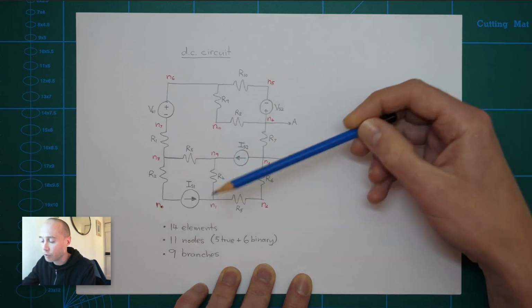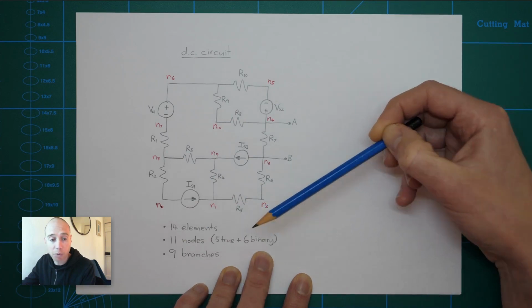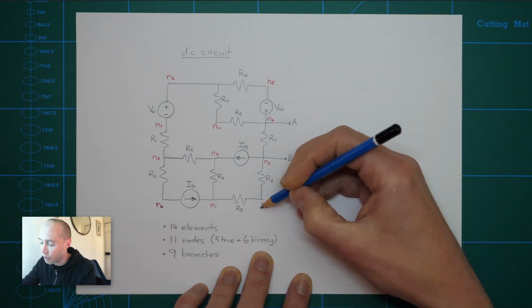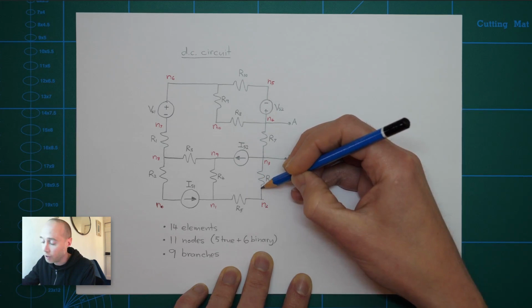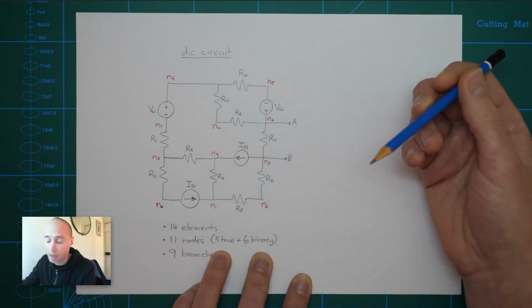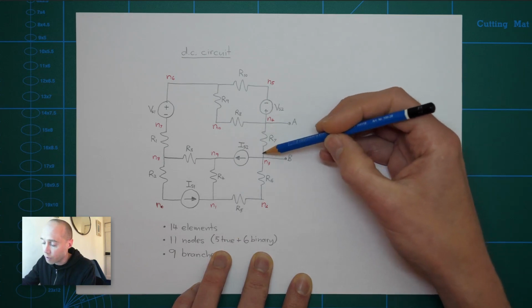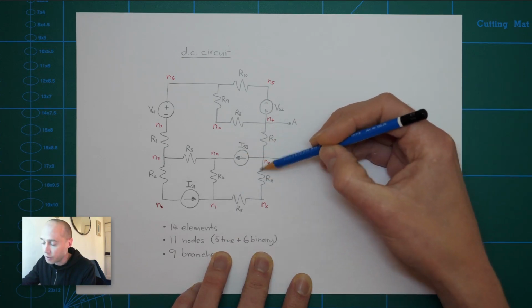Of those nodes, 5 of them are true nodes and 6 are binary nodes. Just to remind you, what we mean by a binary node is a node where only 2 elements meet. For example, N2 here is an example of a binary node. Conversely, a true node is where 3 or more elements come together. If you look at N3 here, this current source and these 2 resistors meet.